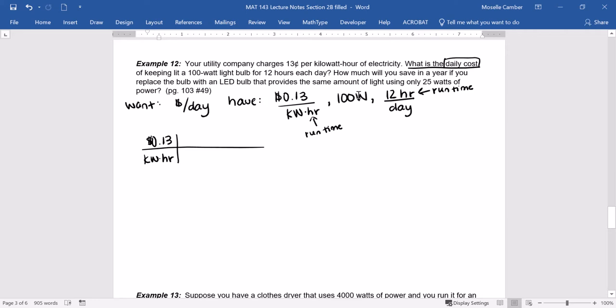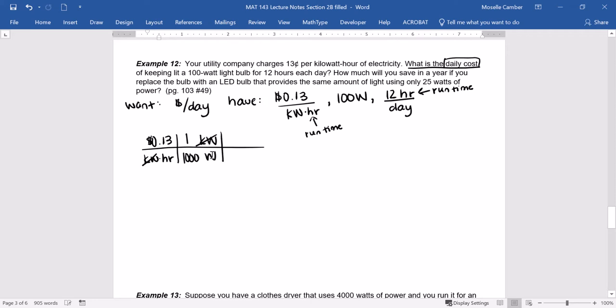And remember, we can convert between watts and kilowatts. So remember, we're going to put the one with the bigger unit, just for ease, otherwise you would have a decimal. You can put it on either one as long as you convert it correctly. So 1 kilowatt, kilo means 1,000. So 1 kilowatt is going to be 1,000 watts. Okay, so that takes care of kilowatt.